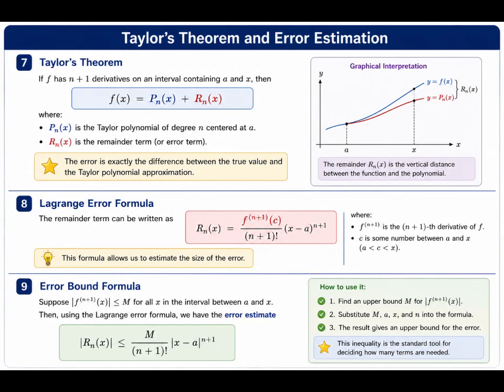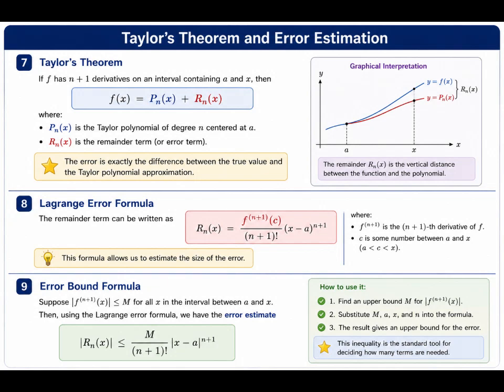By finding a maximum value M for that next derivative, we establish a guaranteed upper limit on our approximation error. By using this formula, we can determine whether a Taylor polynomial is sufficiently accurate for a particular application. In fact, it helps answer one of the most practical questions in numerical analysis: how many terms are needed to achieve a desired level of accuracy?